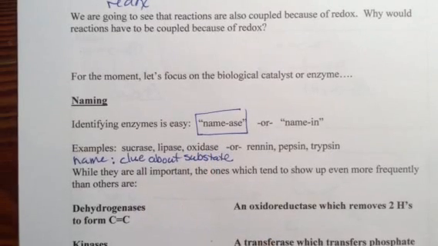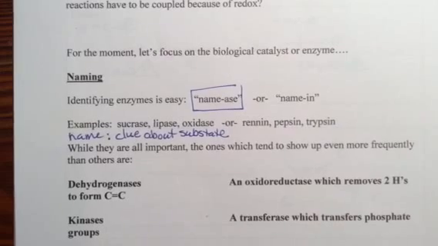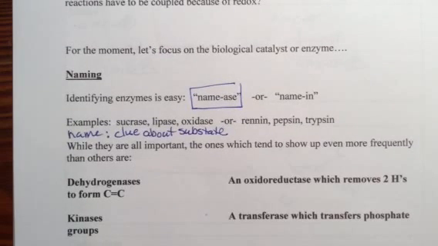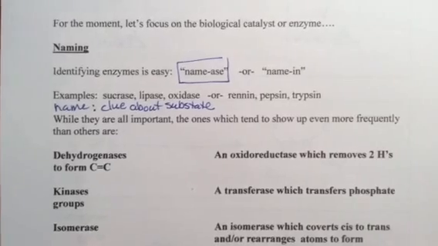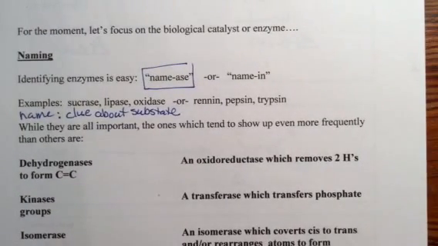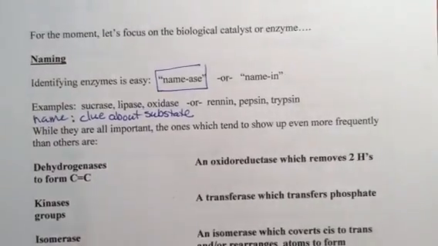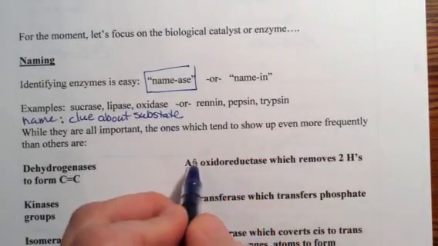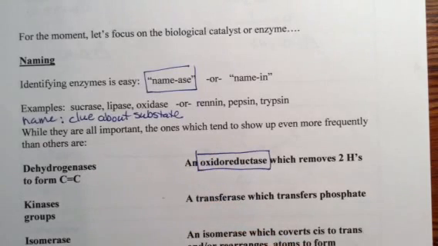Now, there are a bunch of enzymes, and while they're all important, what I wanted to do was focus on a few categories. All right? Now, dehydrogenases will remove hydrogens, and in the process, we call those oxidoreductases.